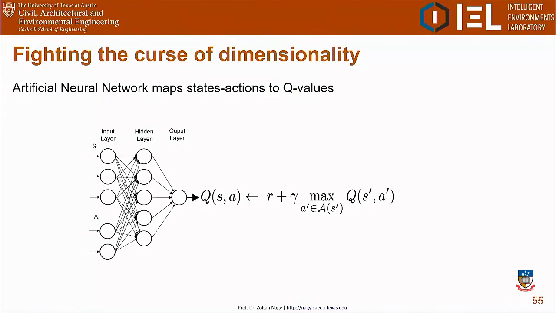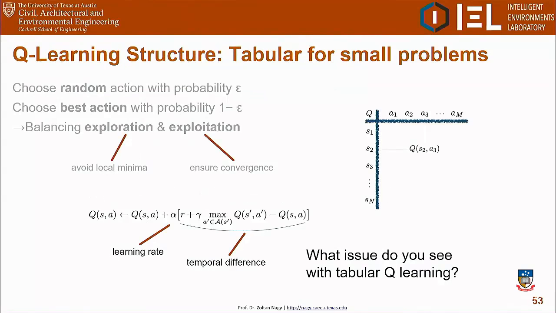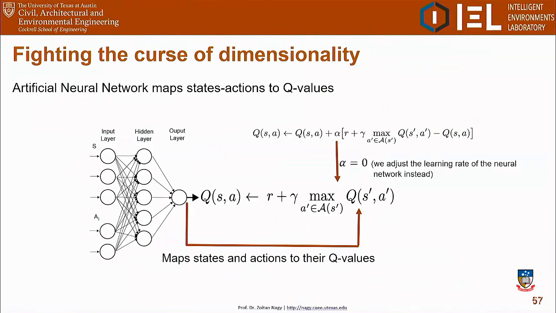We find our Q values with the equation that I showed earlier, and as inputs into the neural network we use the states and the actions, and we train it using the Q values as targets. So our neural network is going to learn how this table looks, but it's also going to generalize. It's going to learn the Q values of states and actions that we have never taken by estimating them and interpolating.